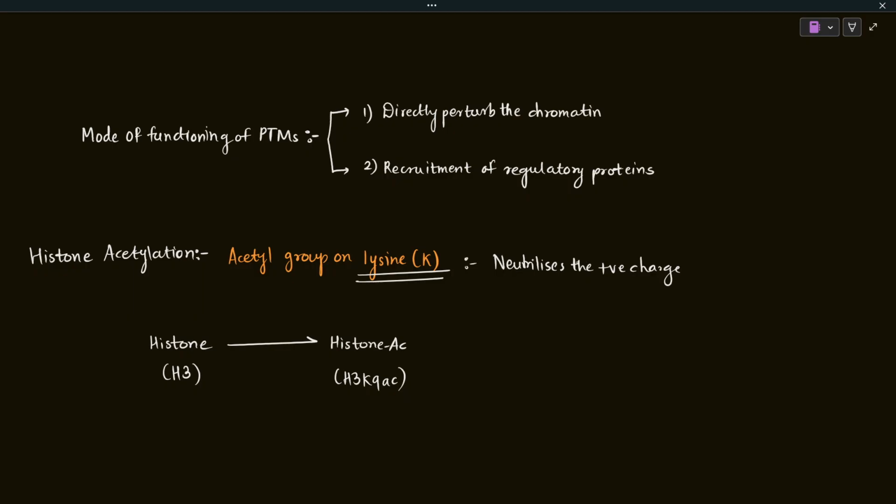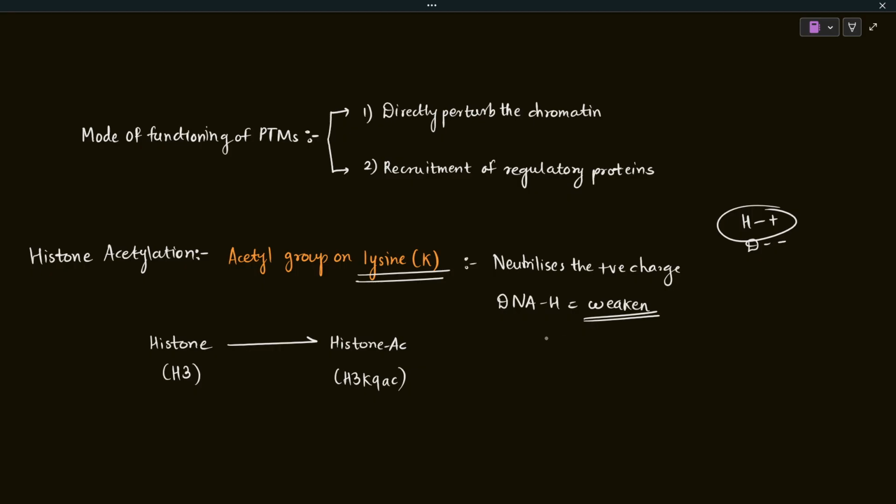DNA and histone interactions are all because of charges. Histones are positively charged while DNA is negatively charged, and that is why DNA is wrapped around histones. But due to neutralization of this positive charge, the DNA-histone interaction will weaken.